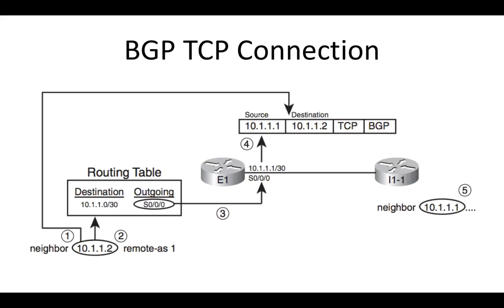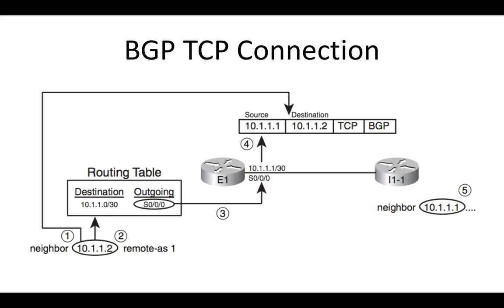In this image, we've got a little bit different setup here between a couple of the routers. So it's just a smaller view. We still have E1, that was our enterprise, and then the I1-1, that was the ISP number 1 router there. So just looking at the connection that we have here.